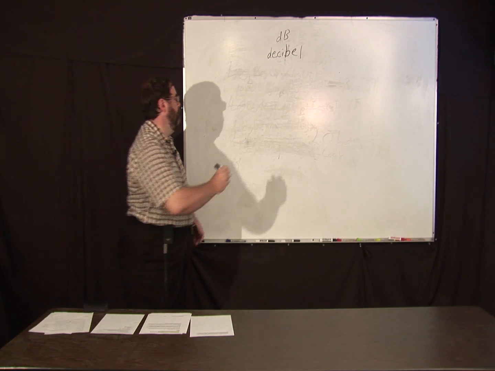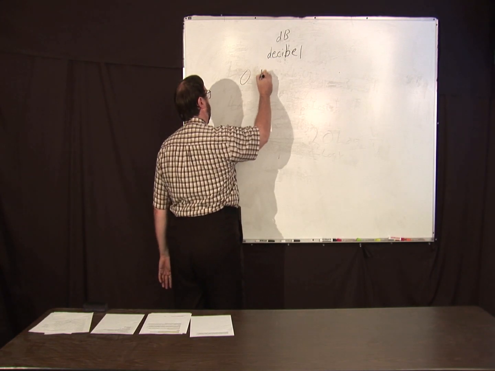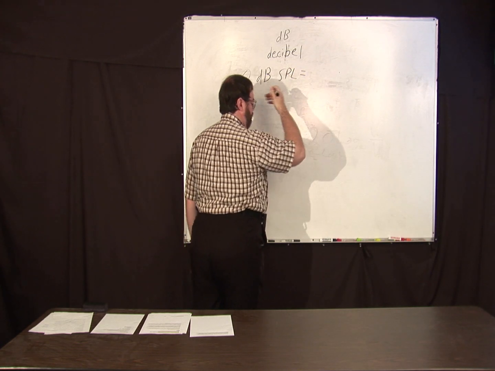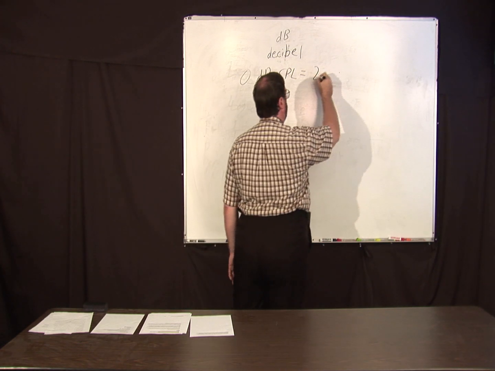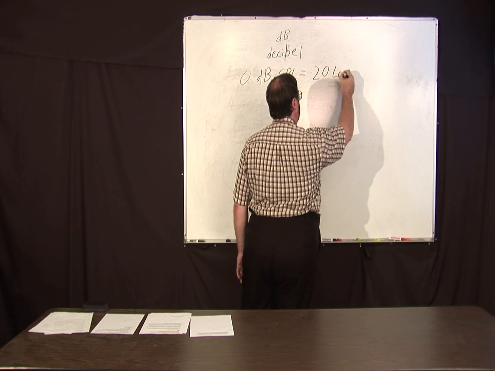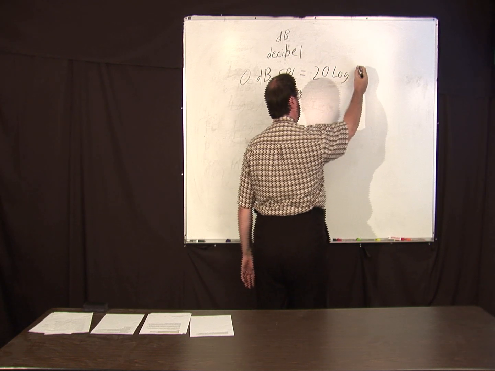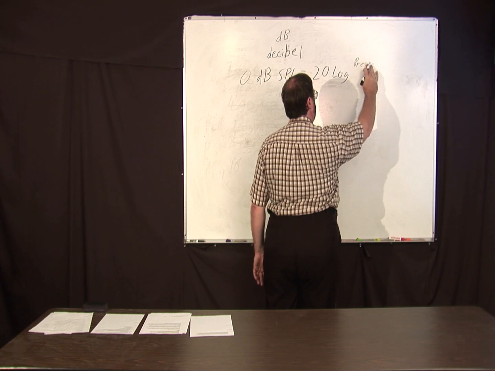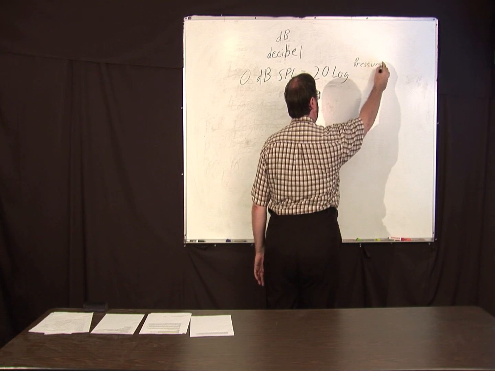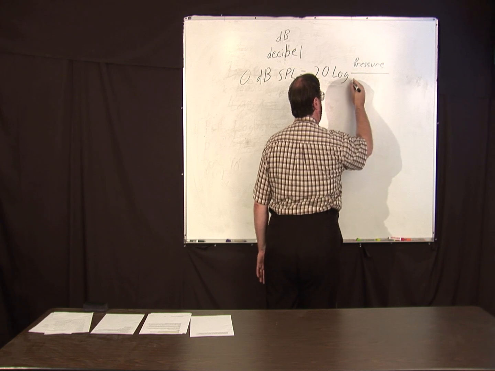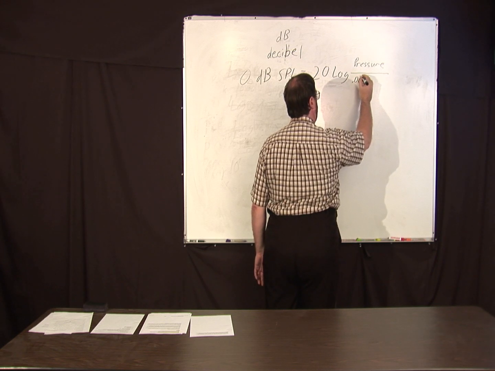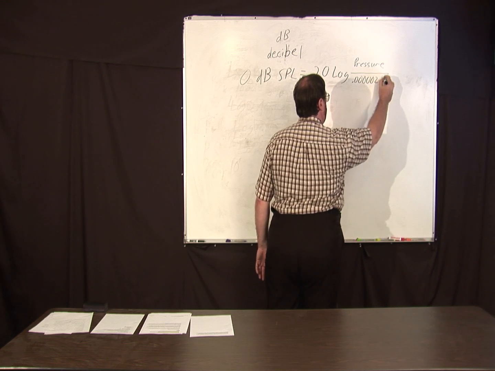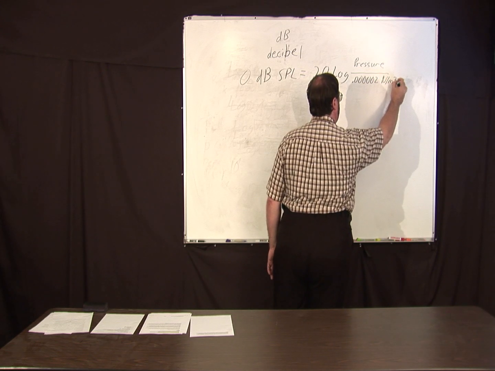So 0 dB sound pressure level is 20 log times the pressure in the sound wave divided by a reference level, which is 0.0000002 newtons per square meter.